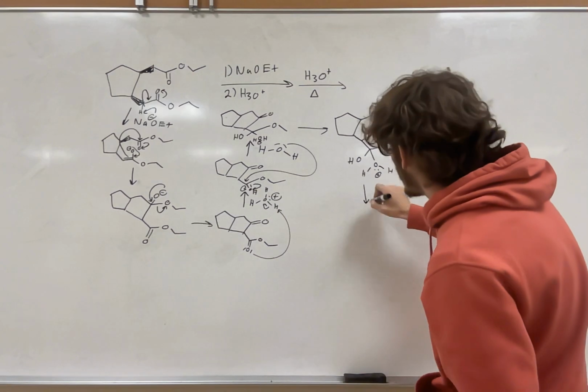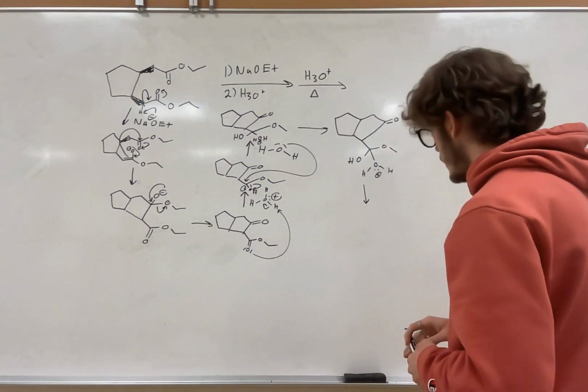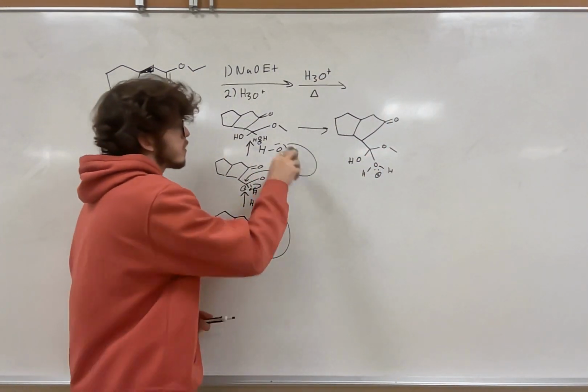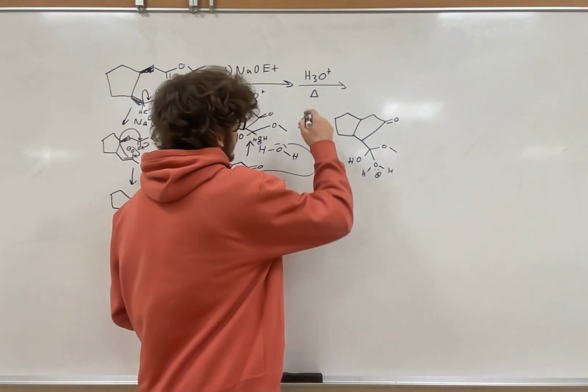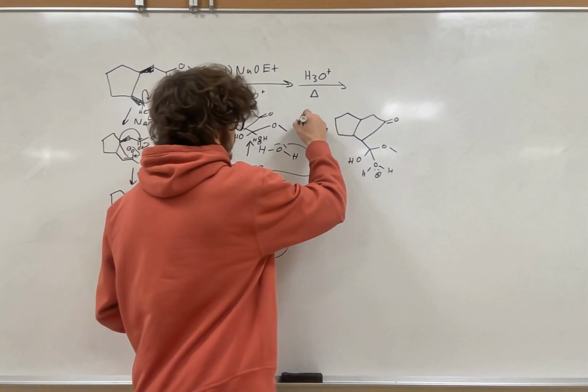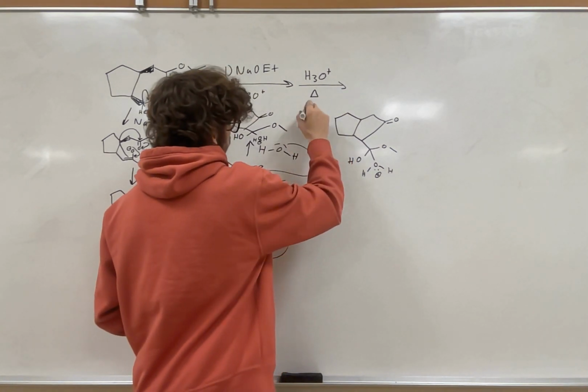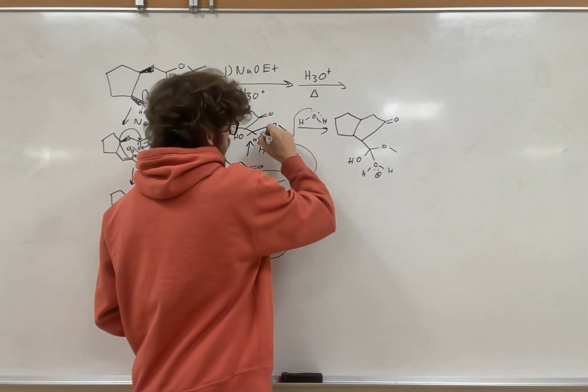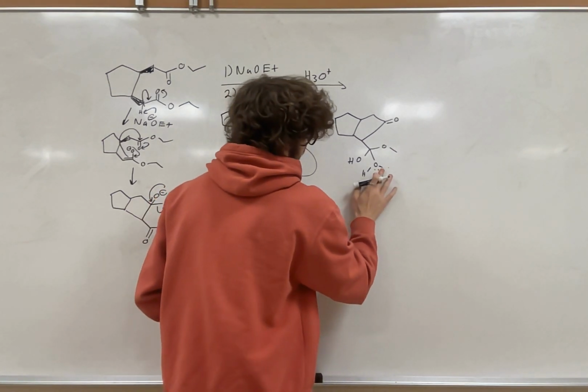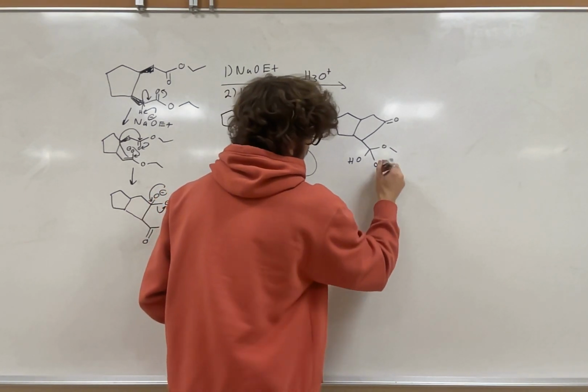We know that there will be some deprotonation, and actually, to make it simpler, we'll steal the hydrogen from here. We could take anything, just a species of water, for example. So water is going to come in and steal a proton, and we'll neutralize our OH.